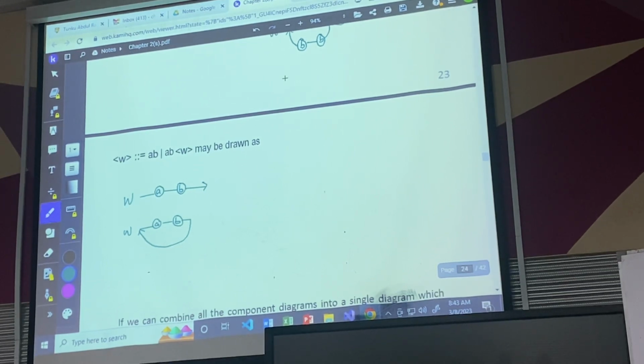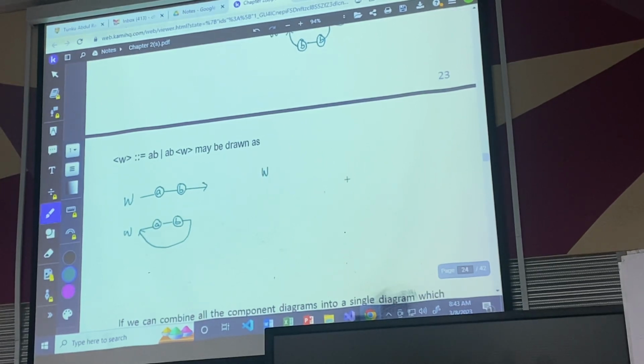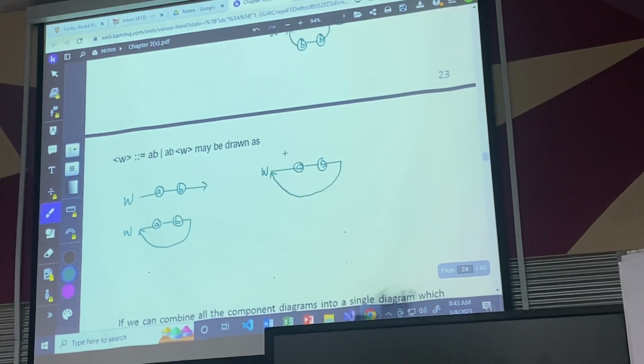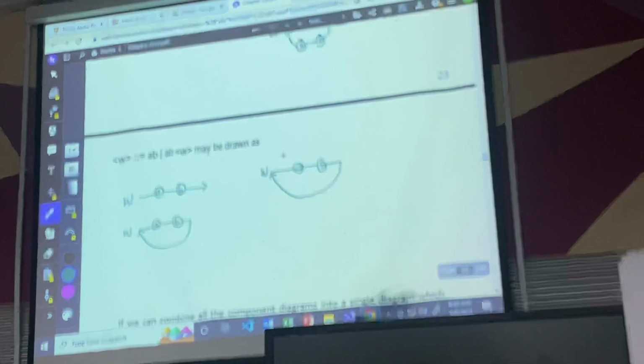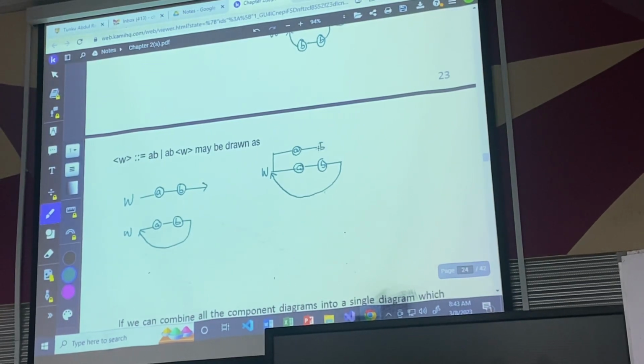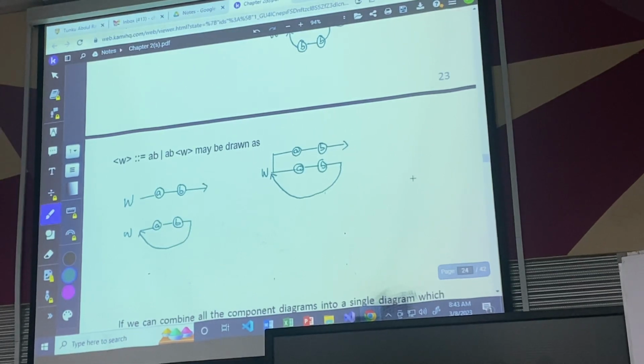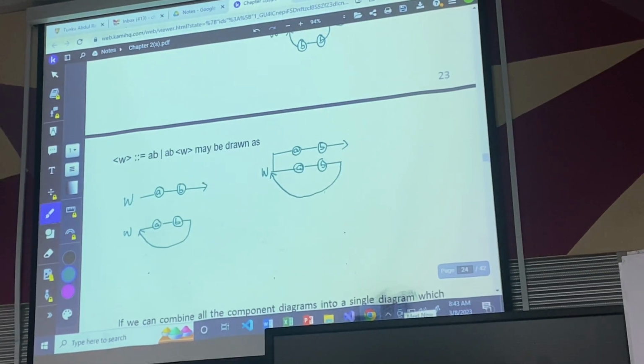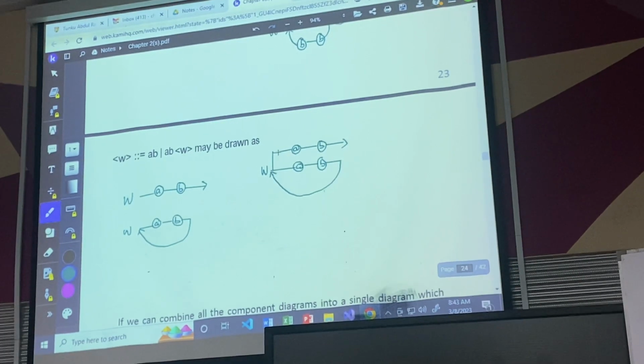Okay. Then if we want to combine them, how to draw? This is one of the possible ways. AB goes back to W or AB only, then go up.